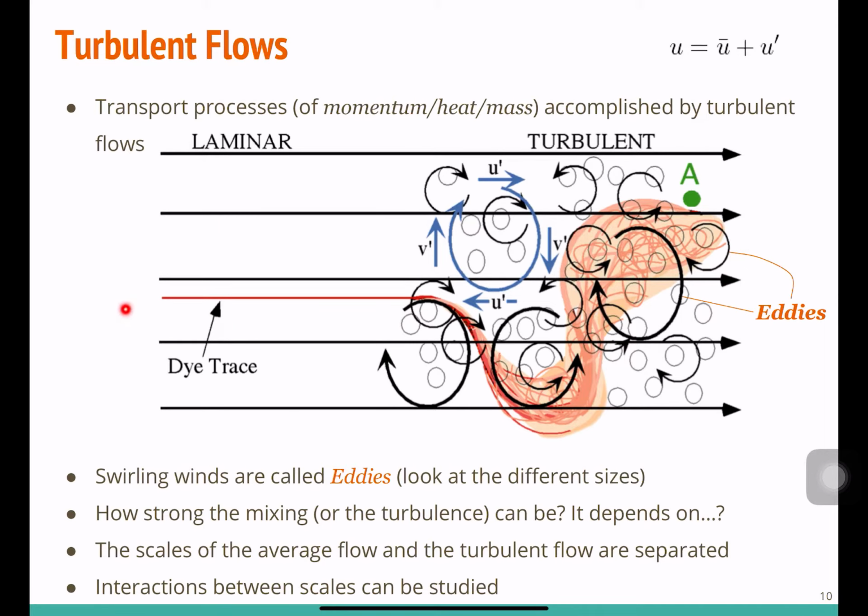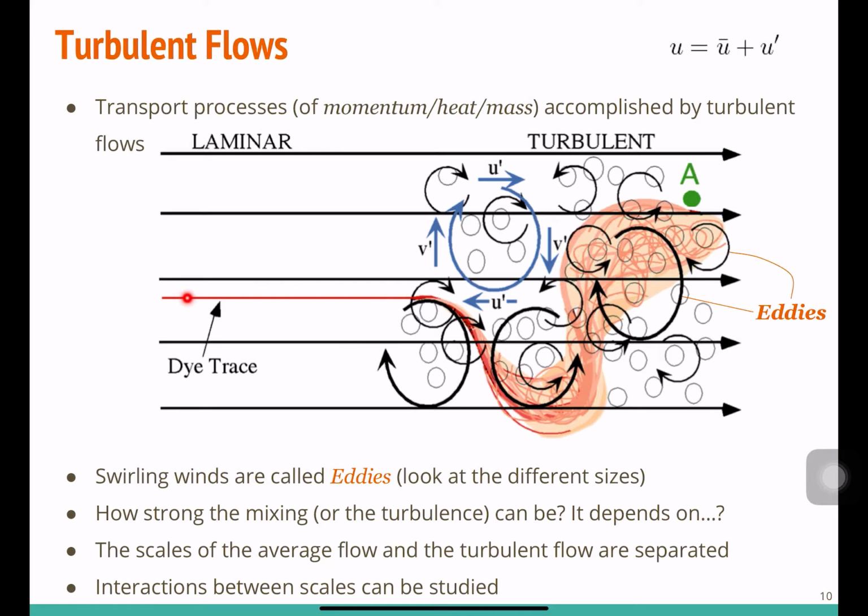And sometimes because of a very small triggering factor, we'll have some instability in your air, and then there will be swirling winds. You can see that they have different sizes, of course. There are smaller sizes of swirling winds and bigger sizes. We call them eddies. Okay, these swirling winds, we call them eddies.